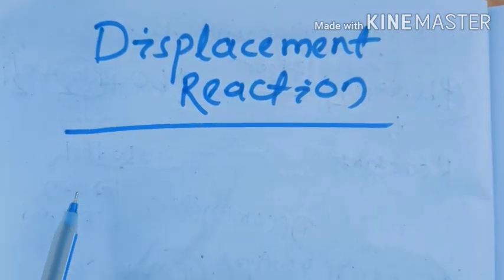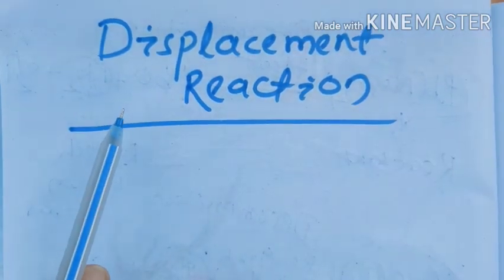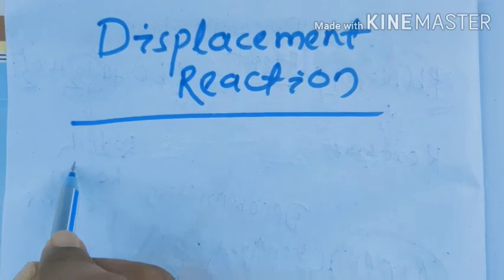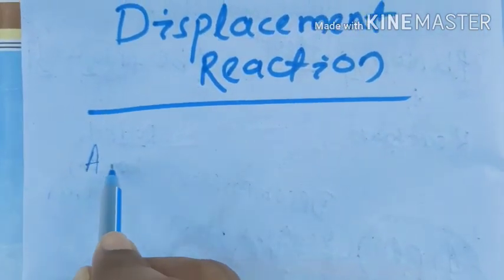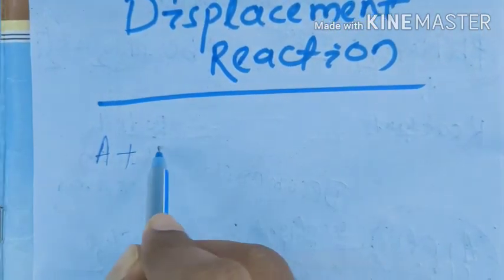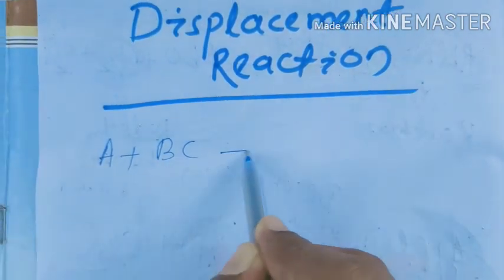Let's take another example, a displacement reaction. Here suppose A is a reactant and BC is a reactant.